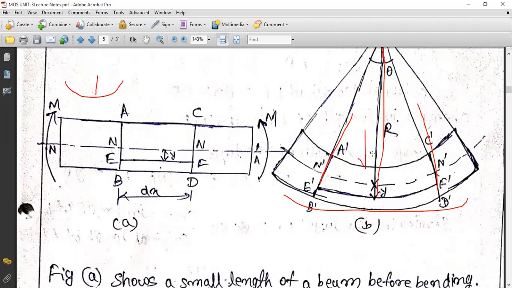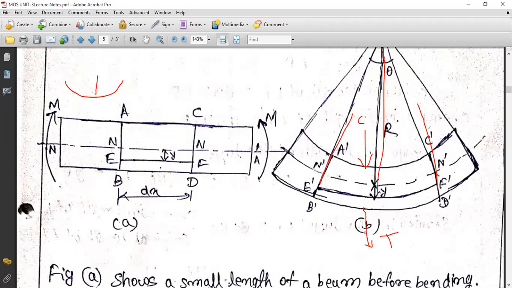Anyone can tell me? And here, which type of stress is acting? Here compressive stress is developed, and here tensile stress is developed, because this part is pulling and here it is compressing. So in the above part compressive stress is developed, and in the below part tensile stress is developed.